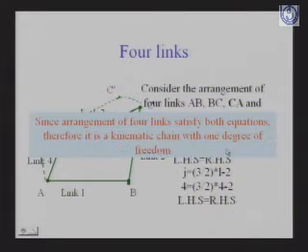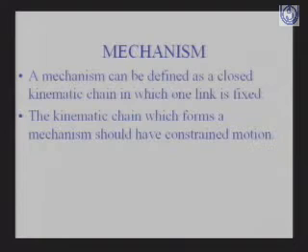And here the degree of freedom is 1, because the motion given to one link defines the movement of the remaining links of this kinematic chain. Therefore the degree of freedom for such a kinematic chain is 1.